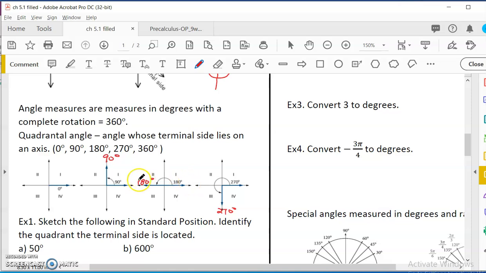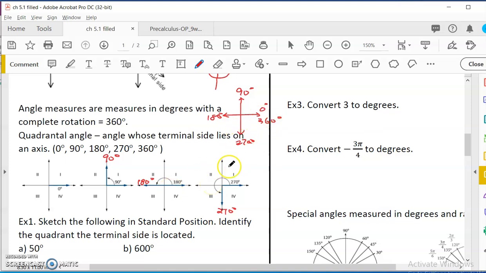So you can label the x-axis by 90 degrees. This is where the terminal side will stop: 180 degrees, 270 degrees, and then this would be either 0 or 360 degrees.